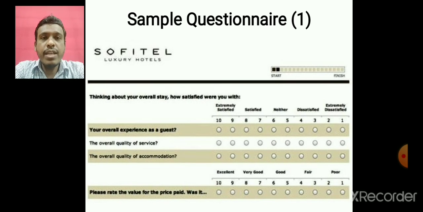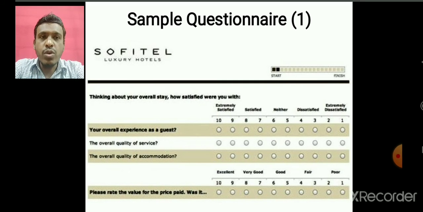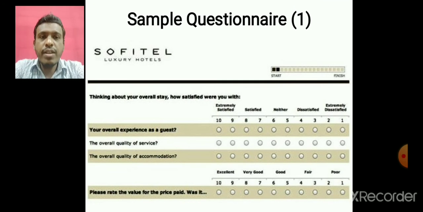Now if you see this, if it is clearly visible, you can check it, or else it will be given in the notes. One thing you can see is that the layout of this questionnaire is so nice. The options are laid one below the other, questions are towards the left, options are towards the right. For each and every question there are standardized options. 10 means extremely satisfied and 1 means extremely dissatisfied, and this is common for all the first 4 questions.